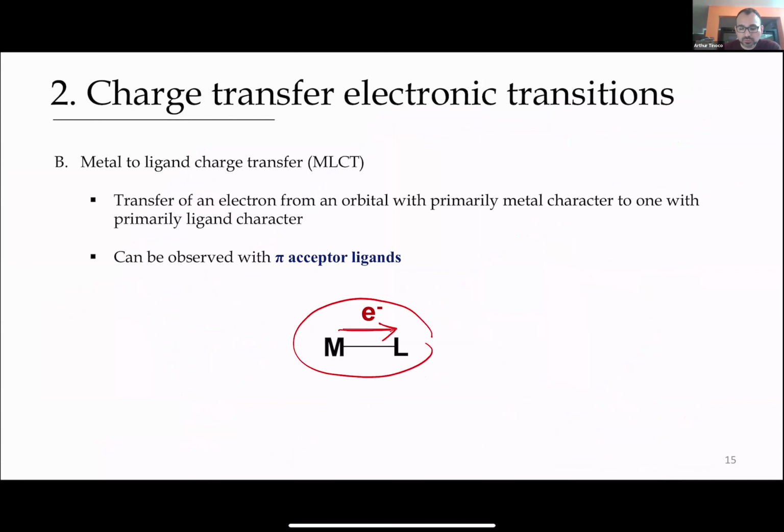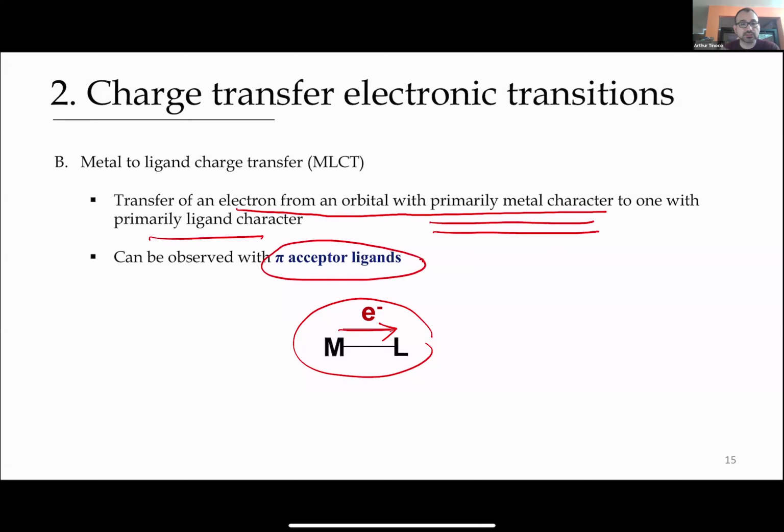So in terms of molecular orbital theory, it's a transfer of an electron from an orbital with primarily metal character to an orbital that's primarily ligand character. And so you're going to observe this with pi acceptor ligands. All right, so that is actually a requirement for this to be observed. You have to have these pi acceptor ligands, those that can accept electrons from the metal.